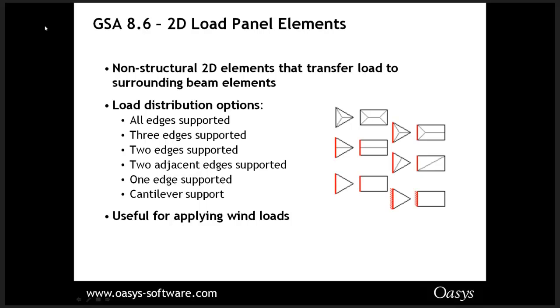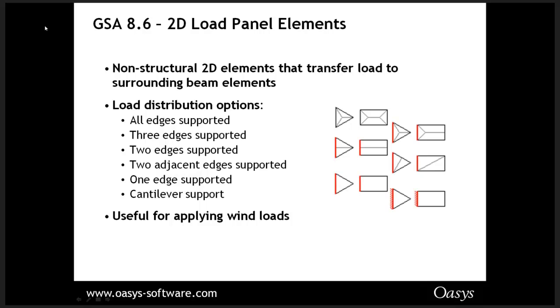Once you've defined the elements, you then need to decide how the load will be distributed around the edges. And the various options are shown there, from all edges supported to just being supported on a single edge. What you have with all of those options is two things. One, which edges are supported, and then which is the reference edge.